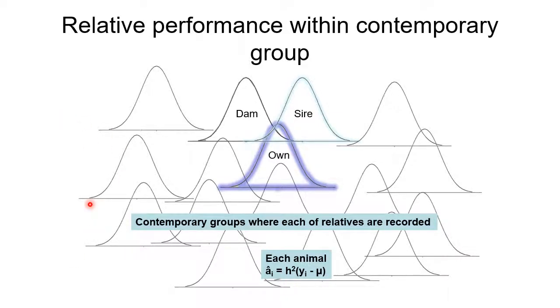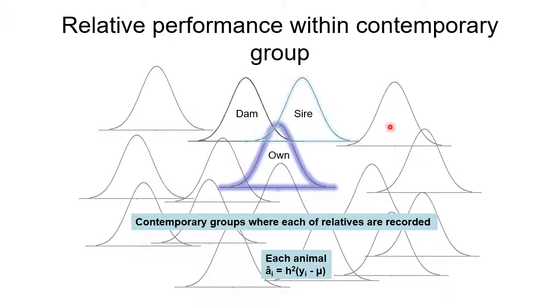So this can then be extended way further in a total population. So that is the part we were basically looking at, where we had the dam and the sire in terms of their contemporary groups, the animal's own breeding value in each contemporary group, and then it might have progeny, and each of its progeny's performance within their contemporary groups will then contribute to that specific animal's genetic merit or additive value or breeding value.